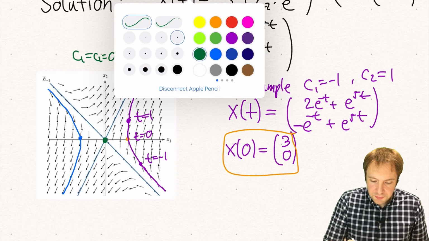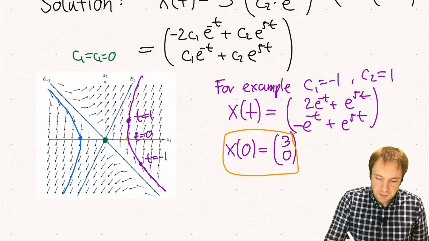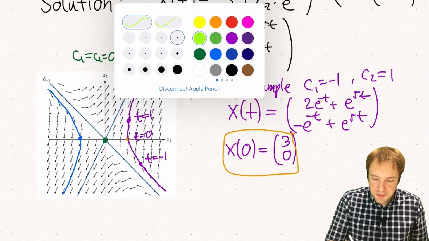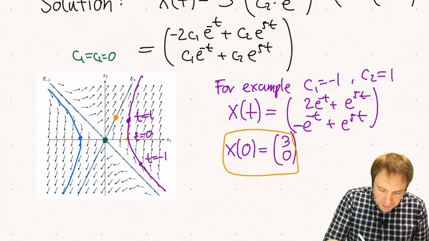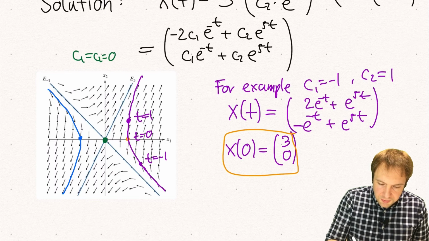And if you choose some C1 and C2 such that you are on the, oh well, maybe orange I already used.